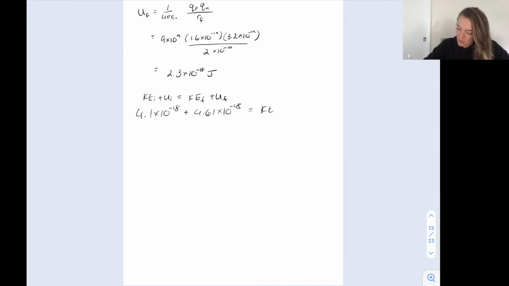And this will be equal to the final kinetic energy plus 2.3 times 10 to the negative 18 joules for the final potential energy. So now we can just move this over to this side, add up everything, and solve for the kinetic energy on this side here. We get that the final kinetic energy is equal to 6.41 times 10 to the negative 18 joules.